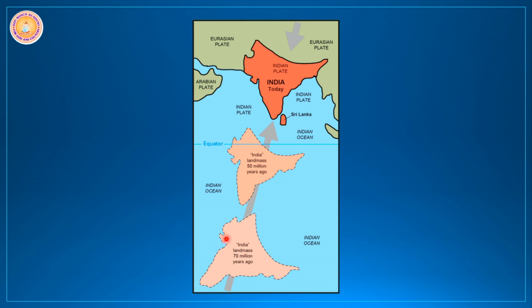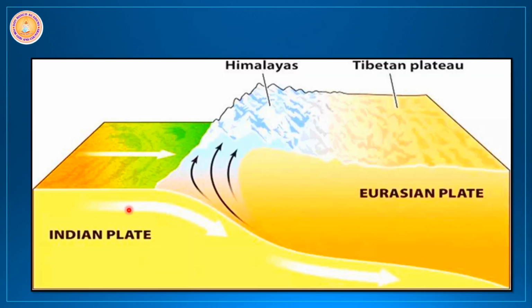Now, due to plate tectonics and movement of the plates, the entire subcontinent gradually began to move towards the north. You can see over here how the continent is moving towards the north. Now, as it moved towards the north, it struck against the Eurasian plate.